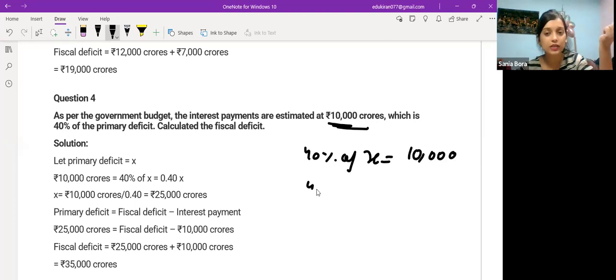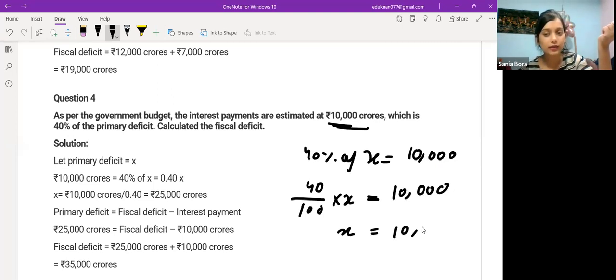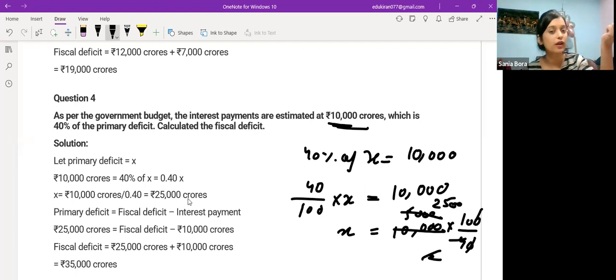From here you have to find X: 40 divided by 100 multiplied by X equals 10,000. X will be 10,000 multiplied by 100 upon 40. The zeros get cancelled, then 2, 2, 5. So you got 25,000.